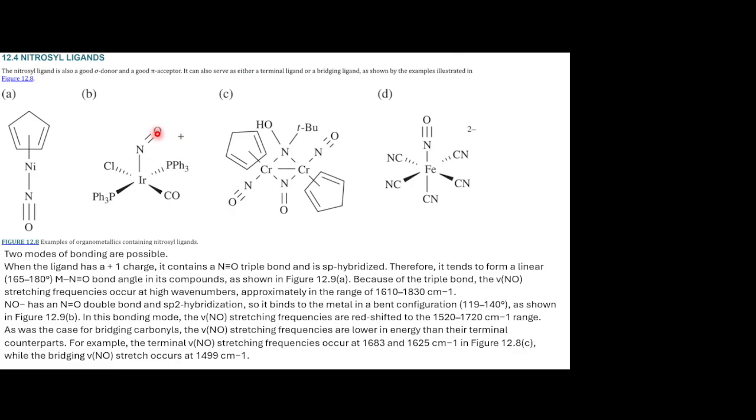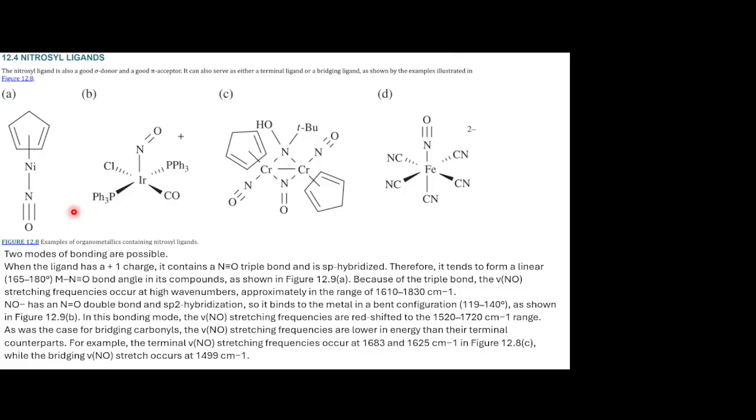Those are just different structuring of it. Or another way of thinking about that, those are the canonical structures. So think about it this way. You'd have canonical structures for the NO minus, right? One would be a triple bond. One would be a double bond with lone pairs.